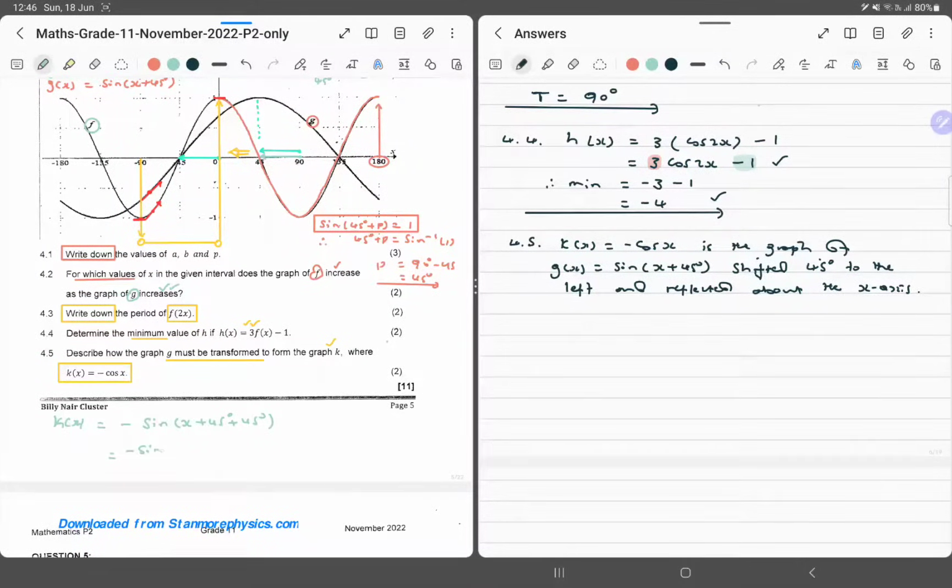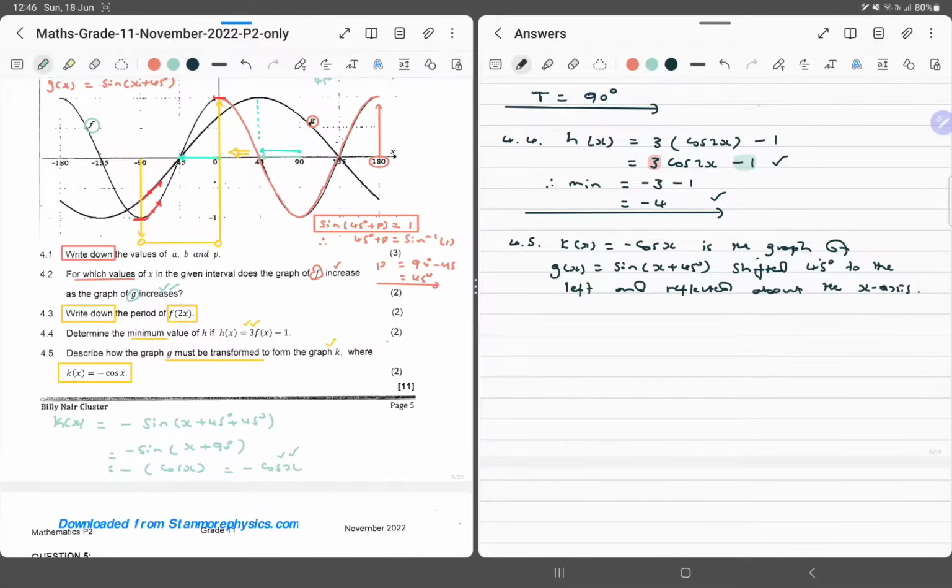Then we say this is minus sine of x plus 90 degrees. Co-function there, remember, sine x plus 90 is in the second quadrant, so sine is positive, so the co-ratio is going to be positive, but that negative is dragging, so this is going to be cos x, which is exactly what we are saying.